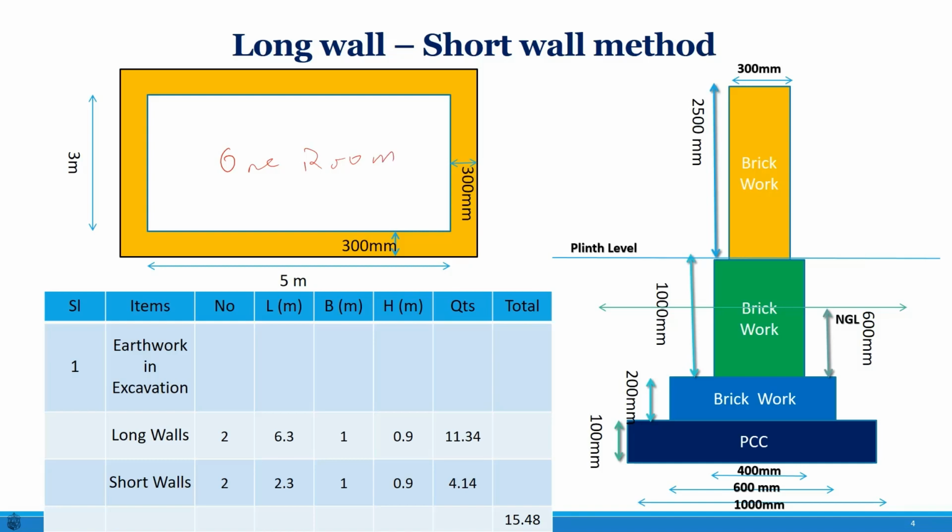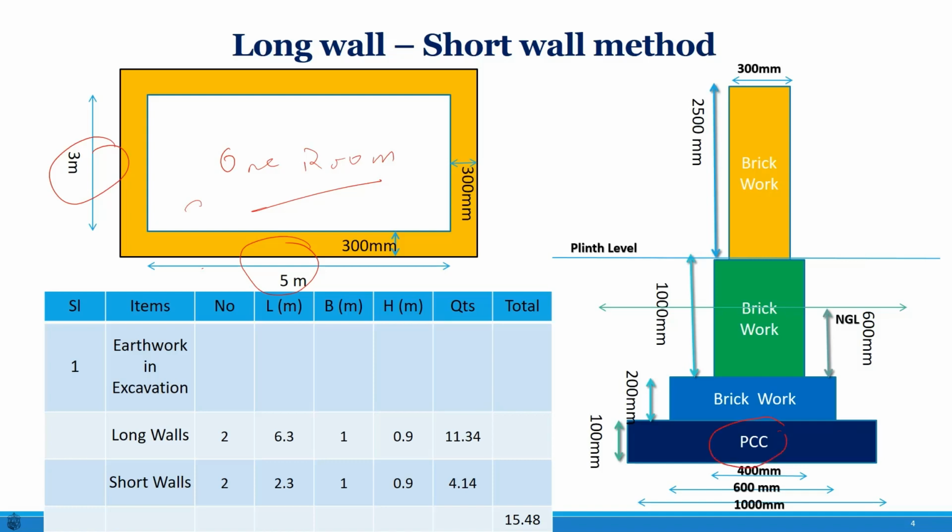For the room, the internal dimension is 3 by 5 meter, so your long wall side length is 5 meter, and the other is 3 meter. So this is the room, and for the foundation we have proposed several components.